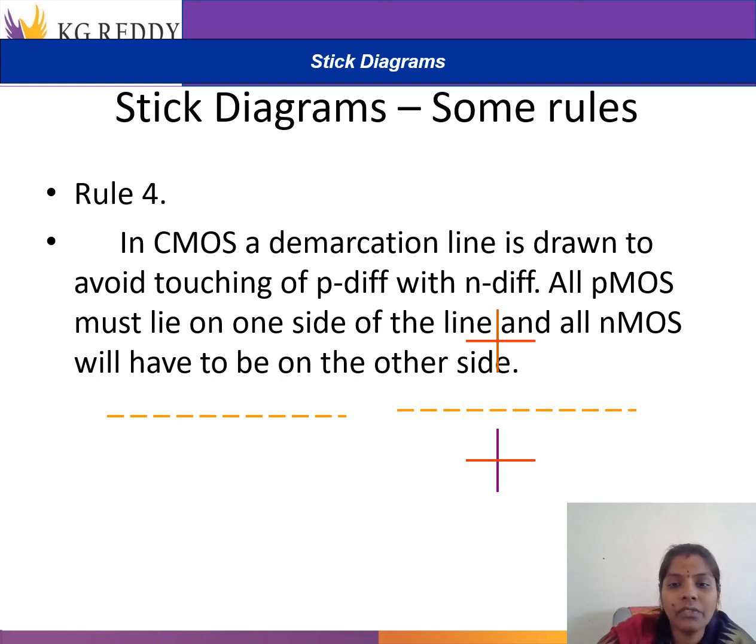To avoid touching of P and N diffusion, we use a demarcation line, and all PMOS must lie on one side of the line, and all NMOS on the other side.